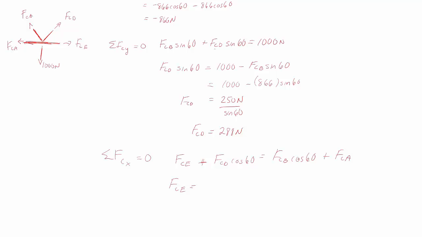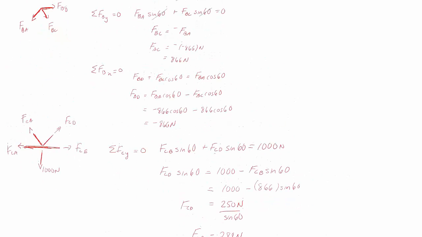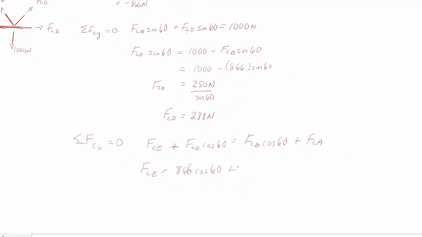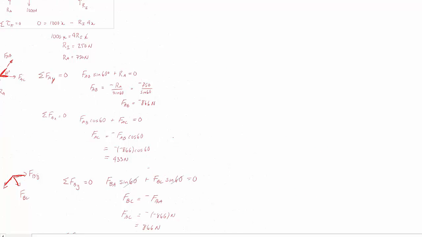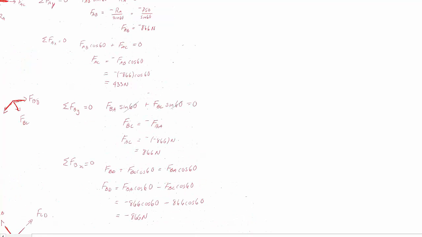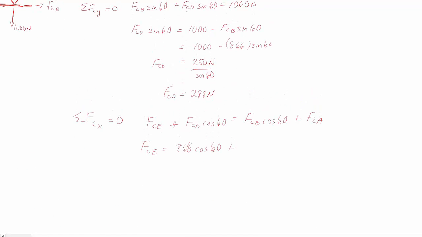So we know that FCB is 866 positive. Cos 60 is actually a half, so that might help us later. FCA, where did I do FCA? I must have done. Oh yeah, there you go. 433. And then I'm going to subtract this one, FCB.